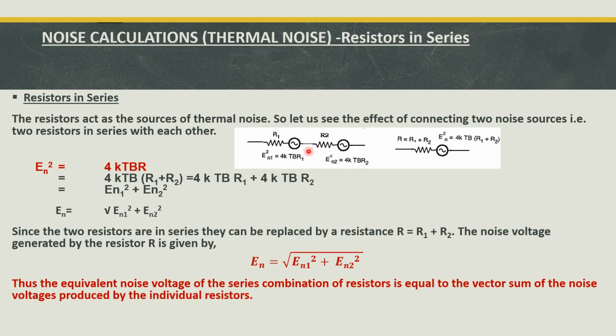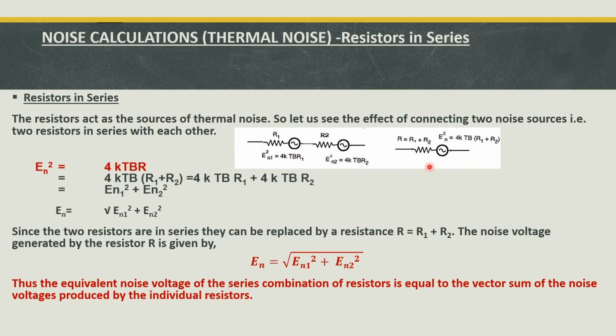You can see R1 and R2 connected in series. The noise voltage generated because of resistor R1 is En square equal to 4kTb R1. Similarly, because of R2, the noise voltage generated is En square equal to 4kTb R2.